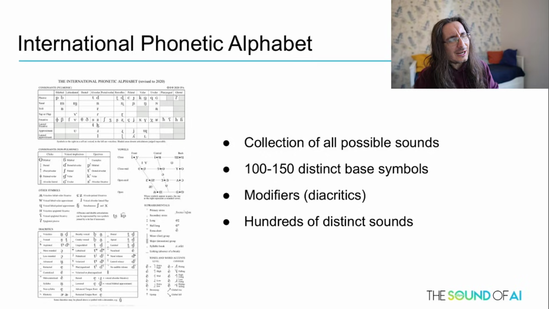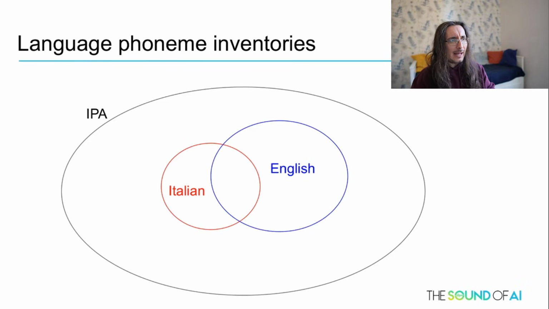So what actually ends up happening is that languages just use a subset of the international phonetic alphabet. For example, Italian uses a certain number of phonemes. British English, for example, has, I believe, 44 phonemes. And there's an overlap between them, but there are also phonemes that are unique to Italian and unique to English.